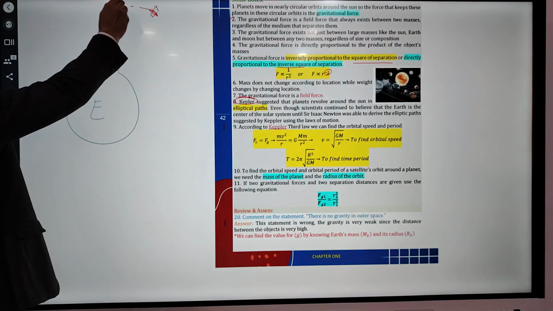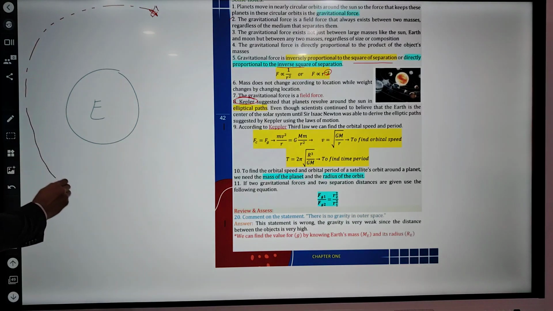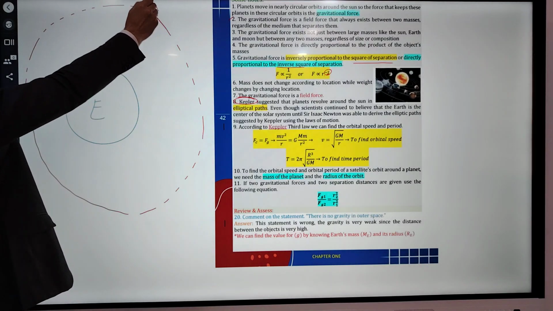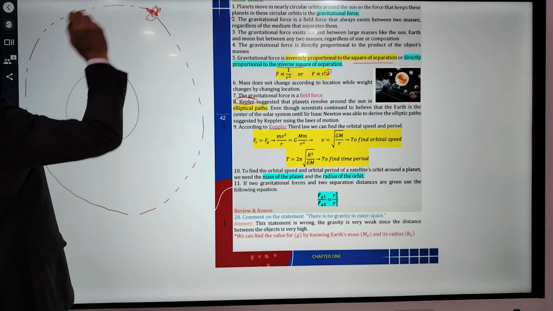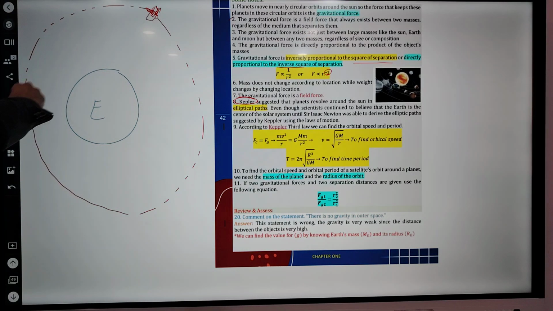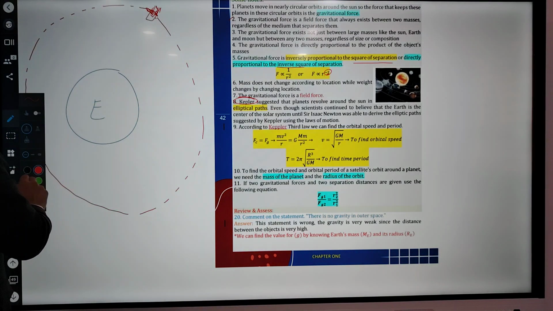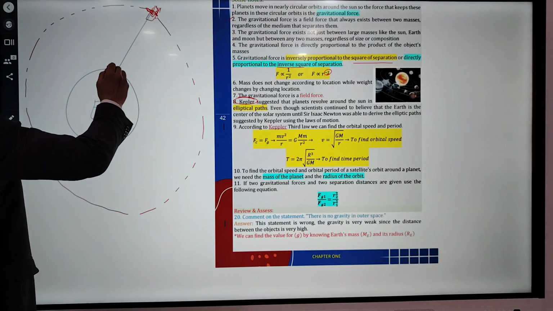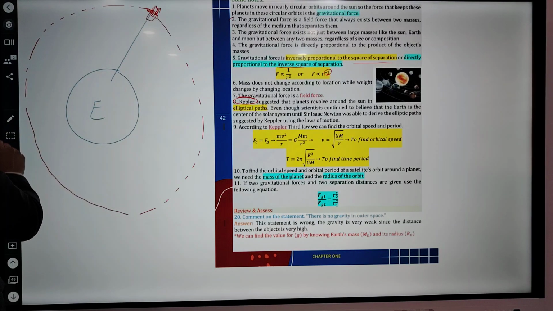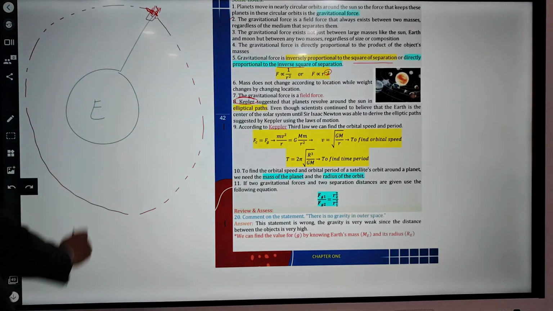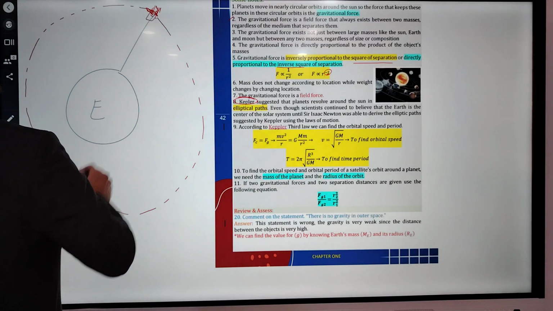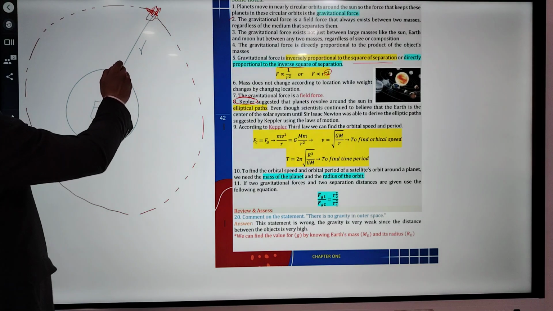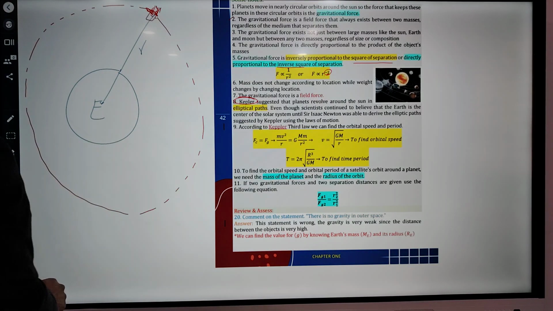When this artificial satellite is orbiting around the Earth, there is a separation from the Earth, and this is R, the distance to the center of Earth.